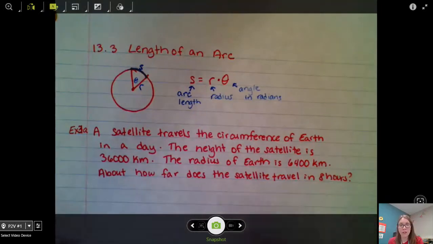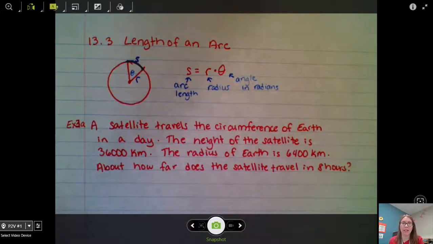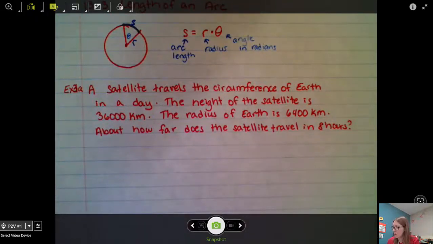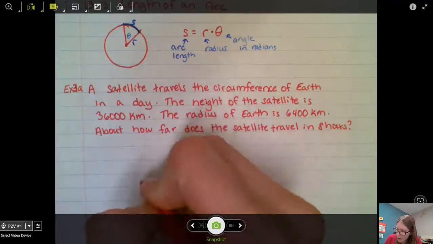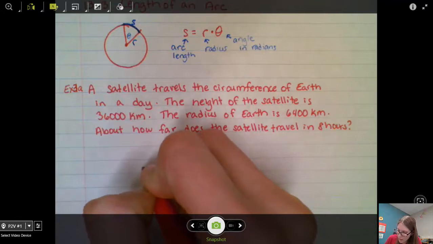Okay, so first of all, I have this situation talking about the satellite. Before I do anything else, I'm going to draw a picture to help figure out what arc length we are looking for in our diagram. So let's start off with Earth.